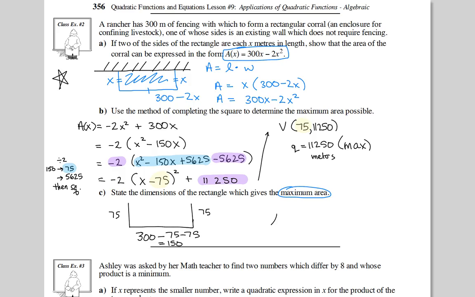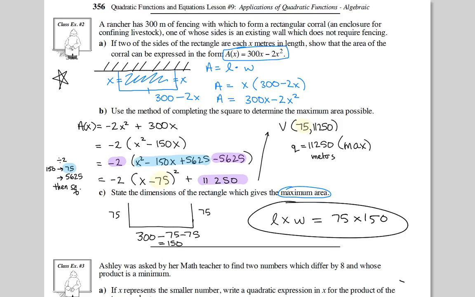So the length times the width is 75 times 150. So those are the dimensions: 75 by 150. Any questions on that before I move on?